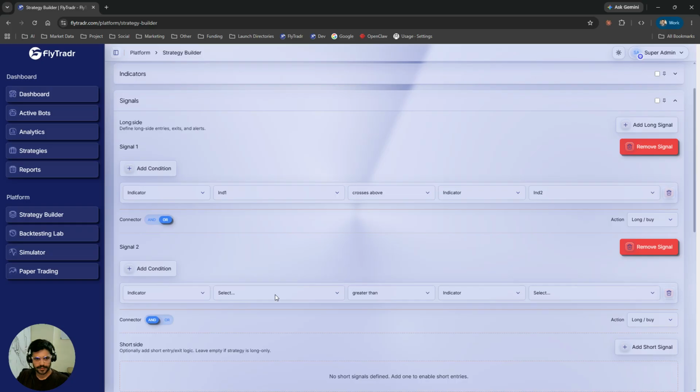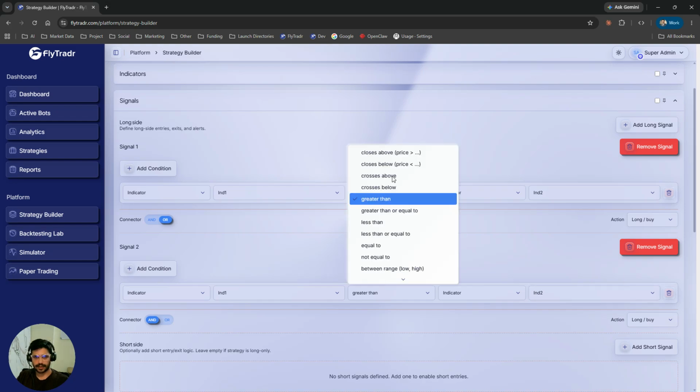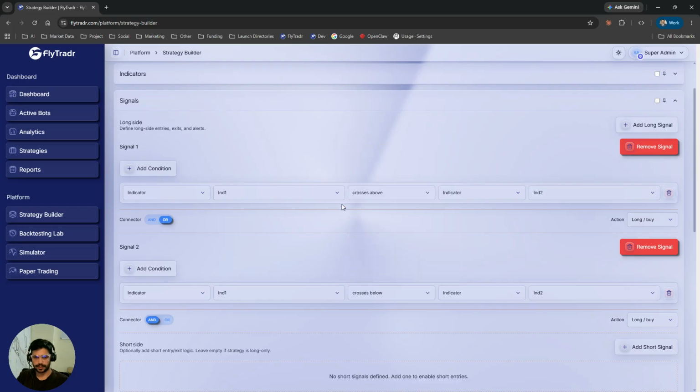Now let's do the same thing. Select everything that you have done above. Indicator 1 on the left and indicator 2 on the right. Now, all we need to do is change the comparator condition, okay, and let's just pick this crosses below. So you can see both the signals are identical.